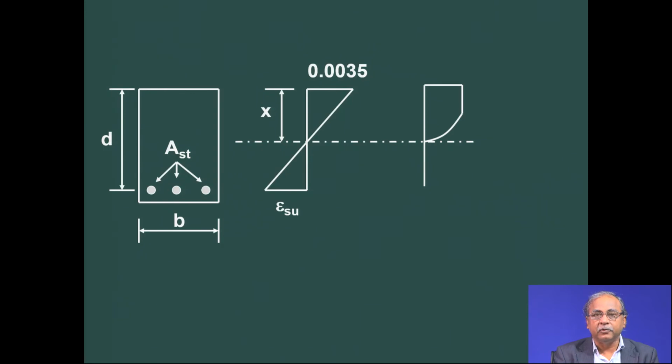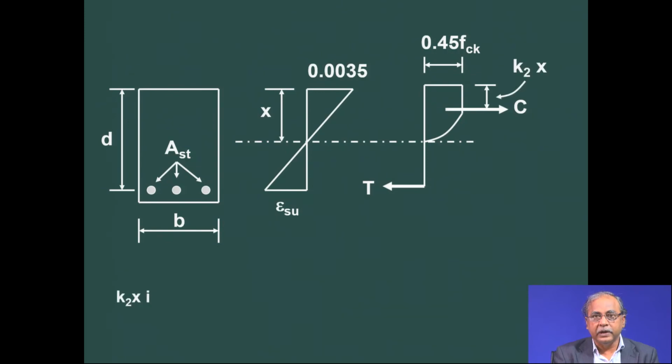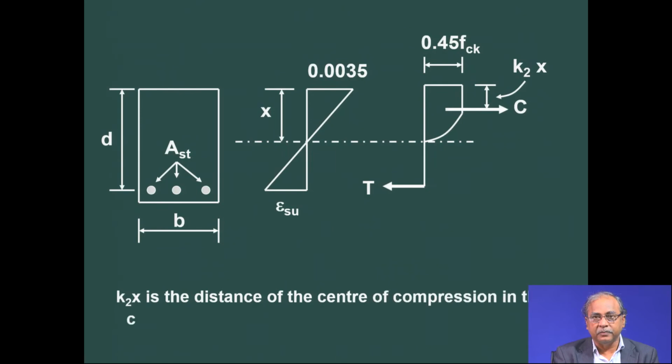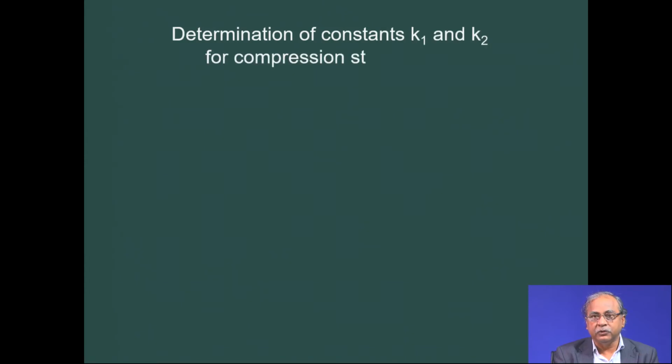Then you have the parabolic rectangular part, the C, and then T, and then 0.45 fck, then K2x, which is the distance of the center of compression in the concrete from the top compression fiber. The determination of constants K1 and K2 is our interest for the compression stress block.